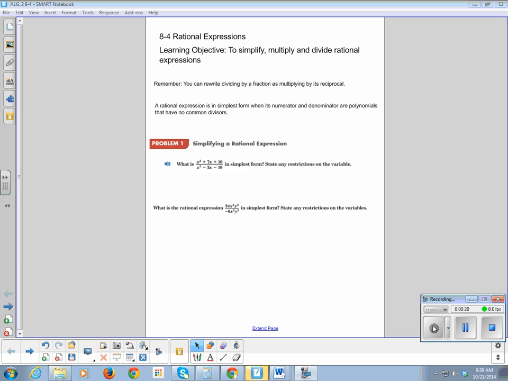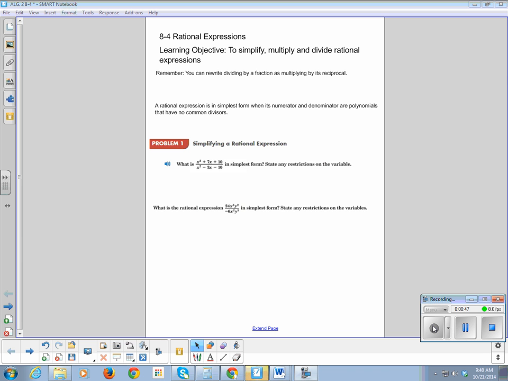One thing that I noticed that you may need to remember as we're going through this: I want you to just take a moment, visualize yourself in the 5th grade, all the way back when you were dividing fractions. And please remember, you can rewrite dividing by a fraction as multiplying by a reciprocal.